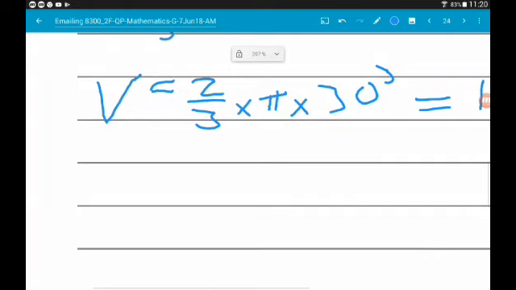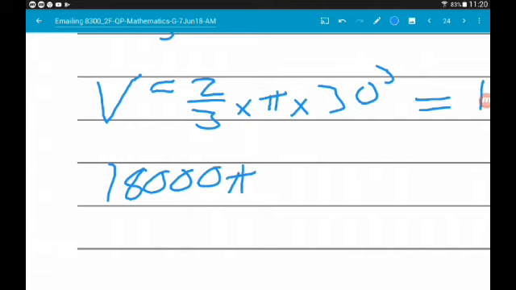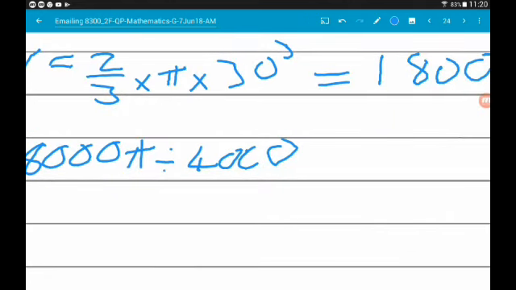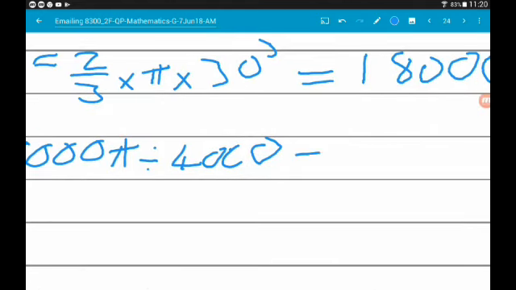So 18,000 pi divided by 4,000. If we go to 2 decimal places, we get 14.14.